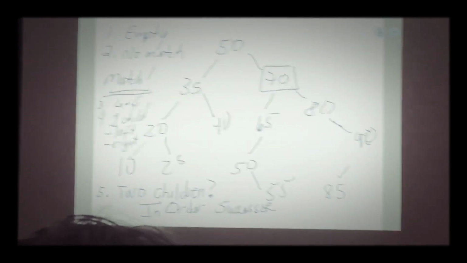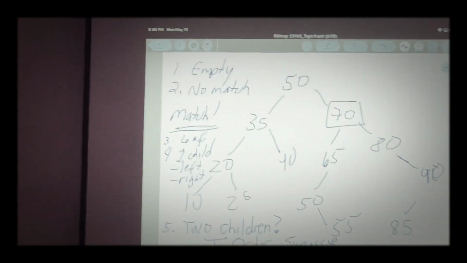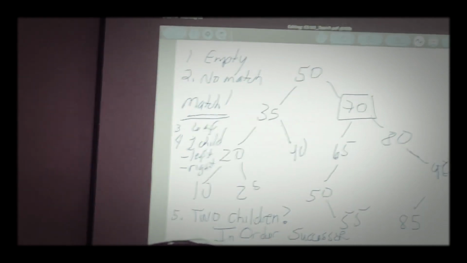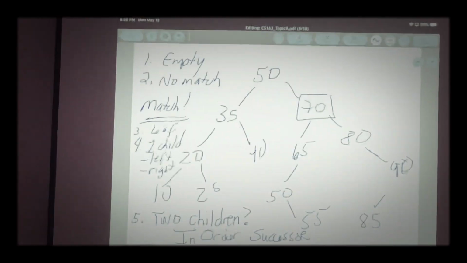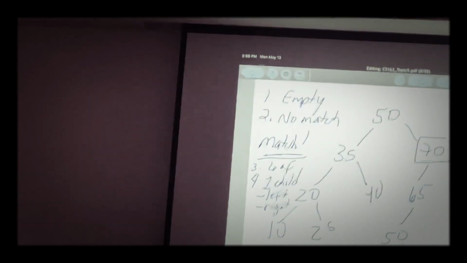So if I want to delete 70, look at this tree and tell me who's the next in line. 80, 100%, 80 is the next in line. 80 is the in-order successor. And the reason it's the in-order successor is it's the next in line if you look from small to big.